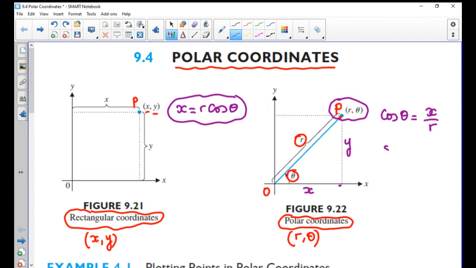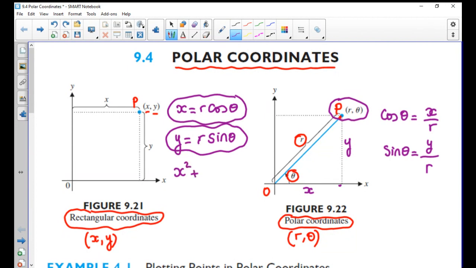In the same way, sine theta is y, the opposite side, over r. So that means y is r sine theta. And finally, the third really important rule here is that if you use Pythagoras, x squared plus y squared should be equal to r squared.